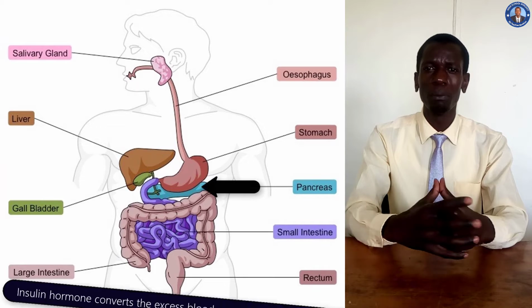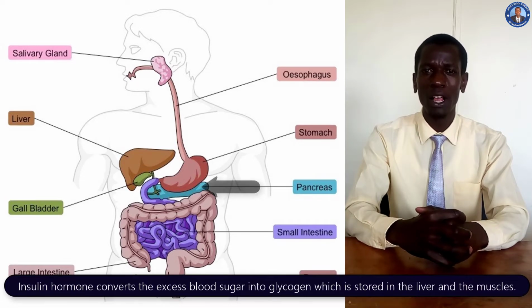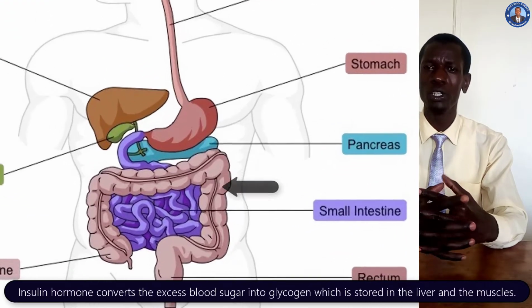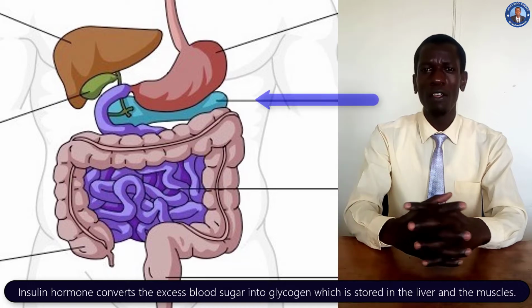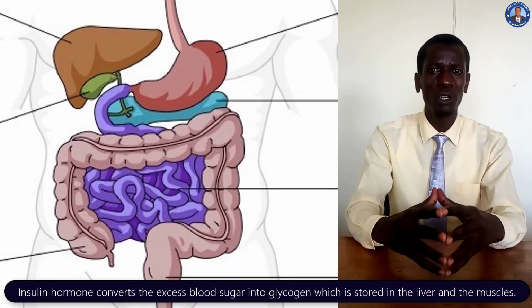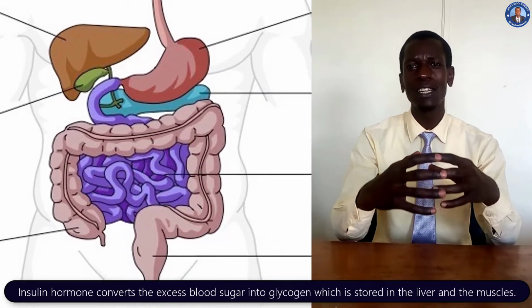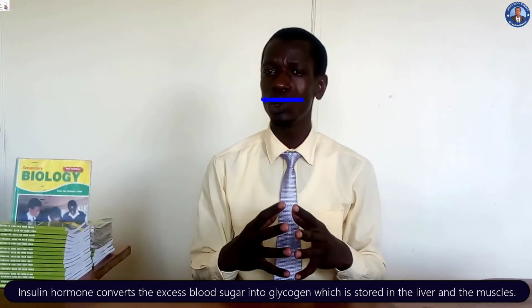There is also a certain organ in the body called the pancreas. One of the functions of the pancreas is to secrete a certain hormone called insulin. The function of insulin is to convert excess blood sugar into glycogen so that it can be stored in the liver and in the muscles.